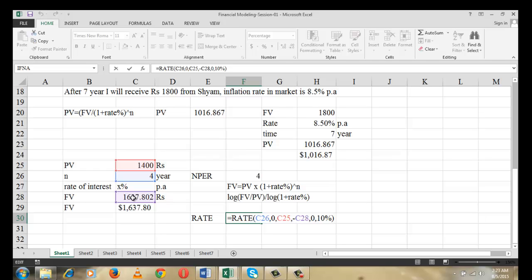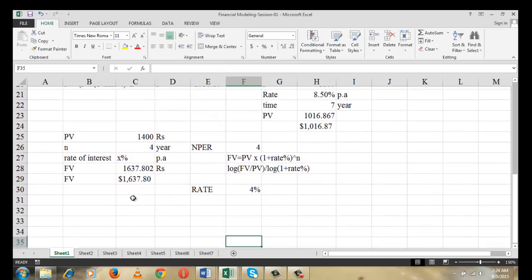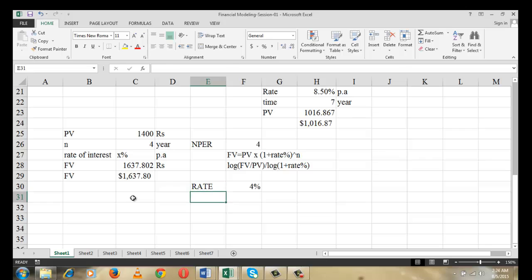Very simple calculation. So the same rate of interest in Excel you can calculate by doing manual calculation by using log. If you use log here, in this case the rate of interest you can determine by the formula called anti-log of log of future value by present value, divided by n. So you can do 1 by n.